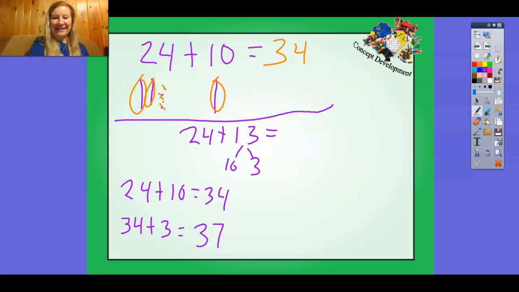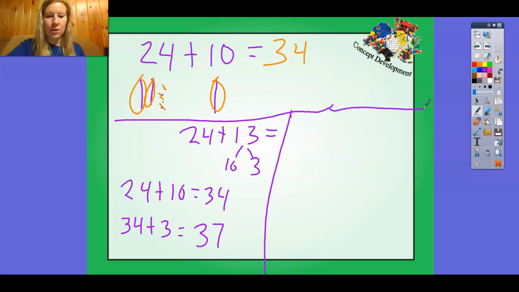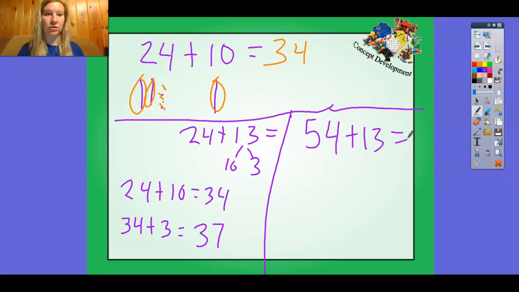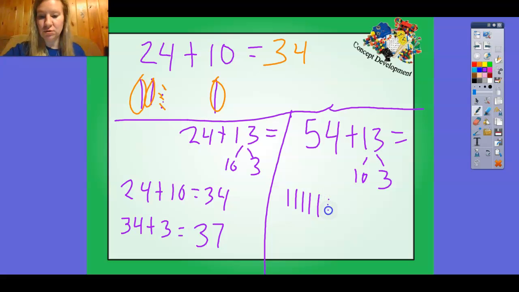Now, what about if I did another problem? We'll just section this off. If I did 54 plus 13, well, we can do the quick 10 drawing that way as well. We'll break our 13 up into our 10 and our 3, and we can do our 54. 1, 2, 3, 4, 5. 1, 2, 3, 4.